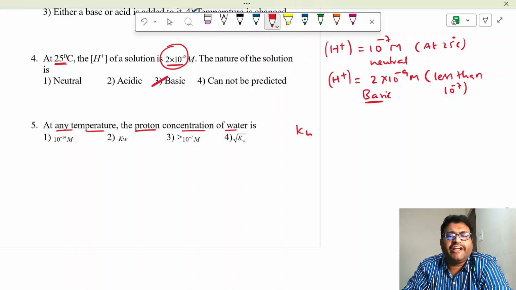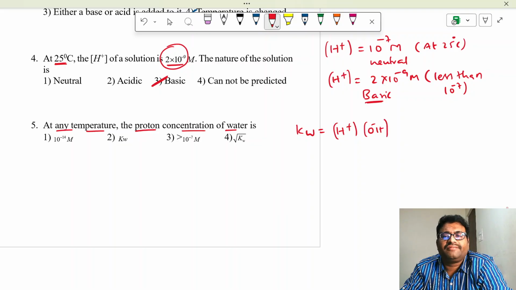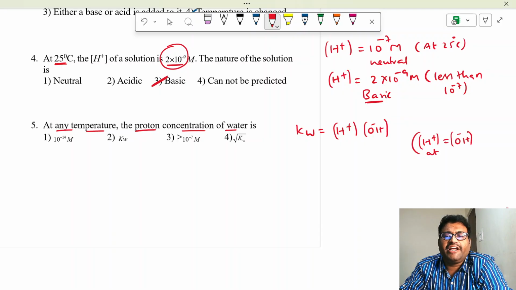So, we know that Kw is equal to H plus ion concentration into OH minus ion concentration. And we know that H plus ion concentration is equal to OH minus ion concentration at a particular temperature.